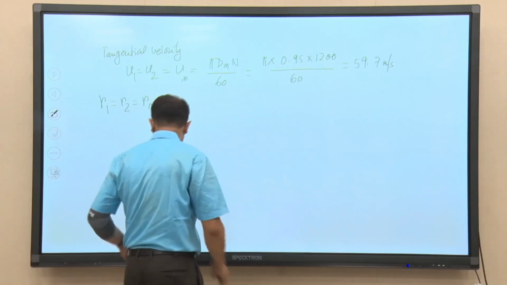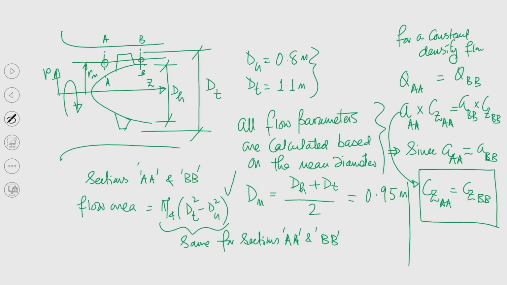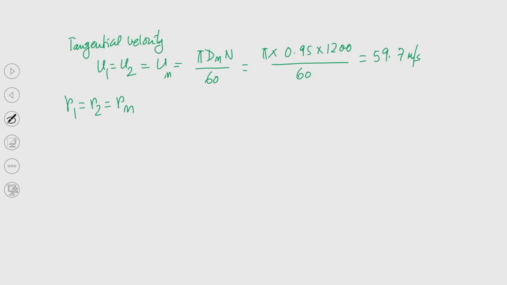So, this is velocity. Now, next part is very simple, we need to look at the velocity triangles and just applying trigonometric relationships we can calculate the next task. So, you can see basically what is u. This u1 is equal to c theta 1 plus w theta 1, right. So, if we write that step 1, u1 equal to c theta 1 plus w theta 1 equal to 59.7, right.